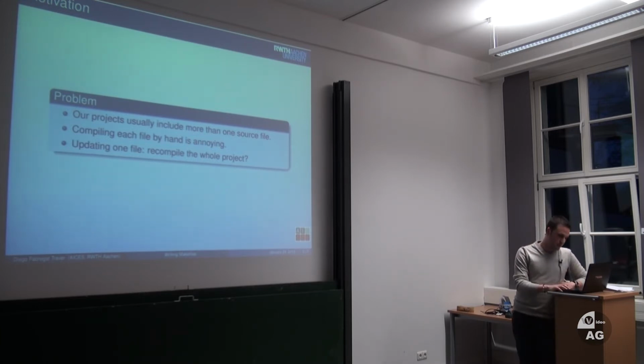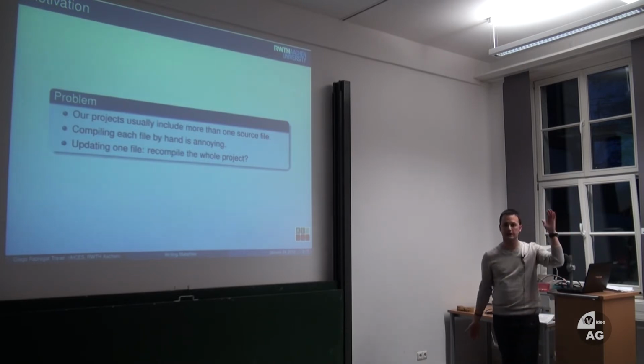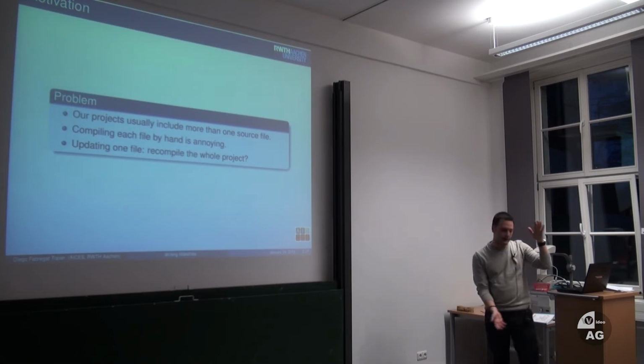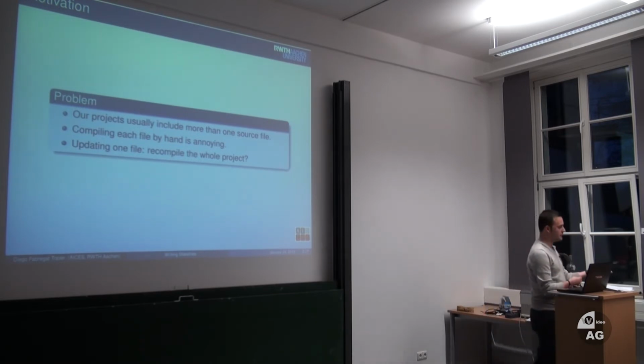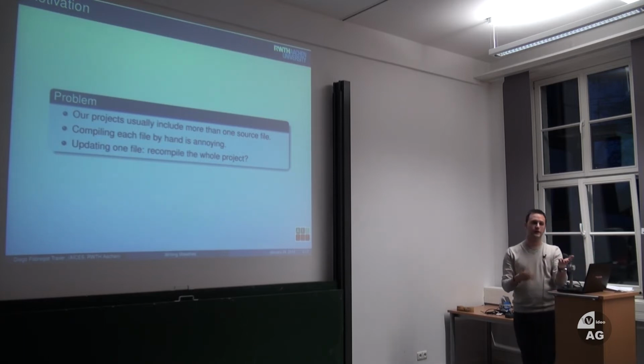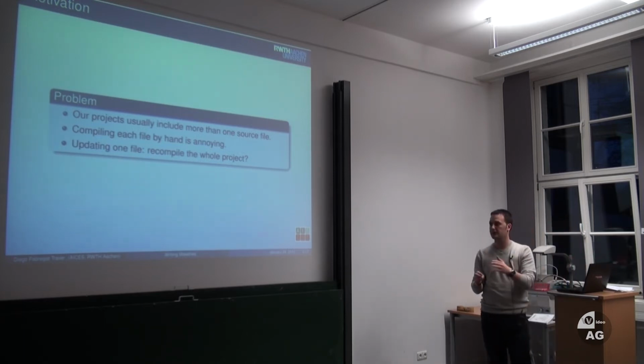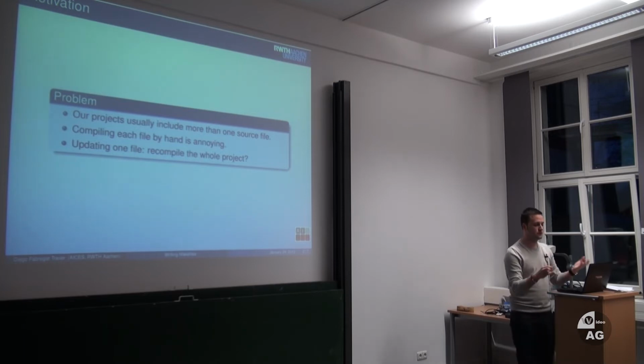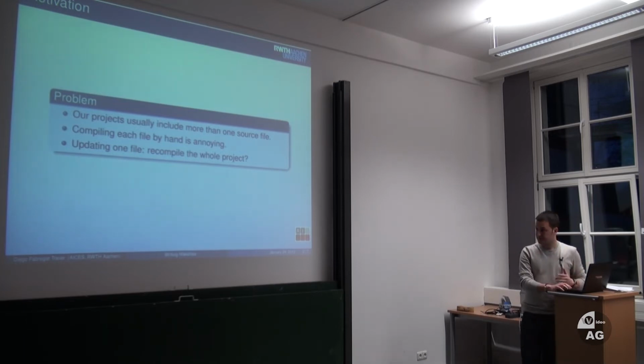Then if you do it one by one, it's really annoying, like gcc blah, a long list. And then if you update one of the files, in general, you don't need to recompile the whole story, but maybe only one and then link to generate the executable, or a couple of them, for instance.